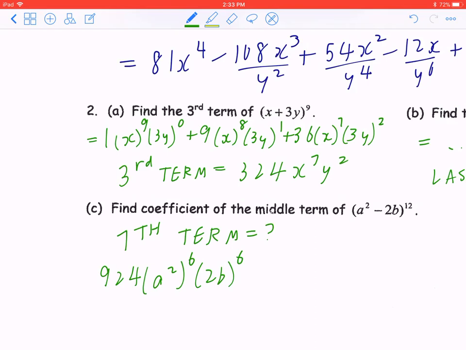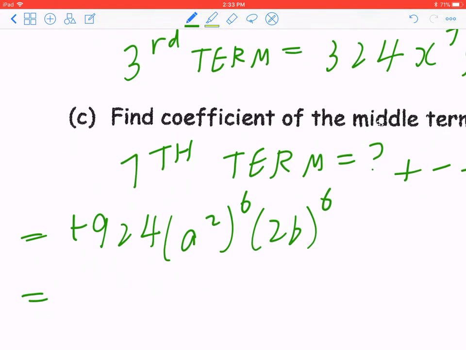And since you're looking at the 7th term, you can even mentally count plus, minus, plus, minus, plus, minus, then plus again. So effectively, you can take the calculator, 924 multiplied by 64, since 2 to the power of 6 is going to be 64. That's going to be 59,000. Let's write this again.